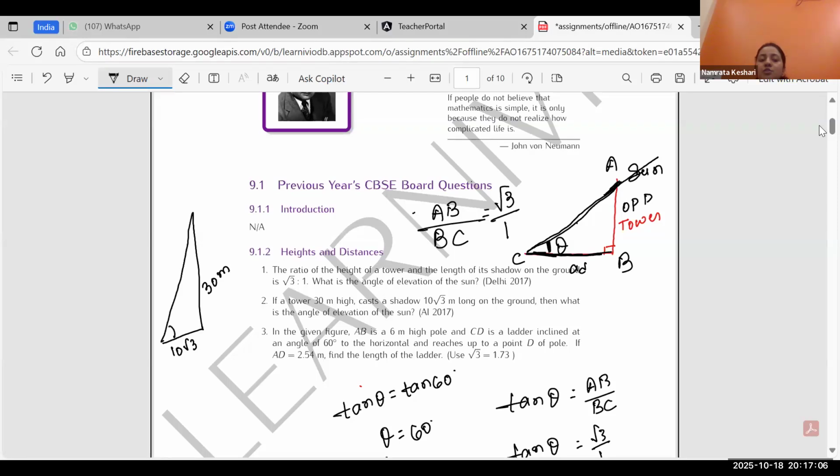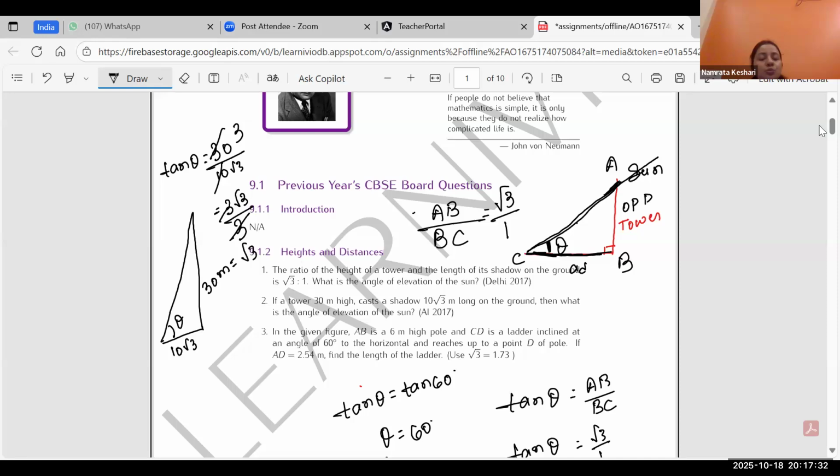Okay, this time the ratio is not given. This time you have to write that tan theta is equal to opposite, that is 30, by adjacent, that is 10 root 3. Please do the rationalization. When you do the rationalization, it will be 3 root 3 by only 3. That means just root 3. Making sense? Yes.